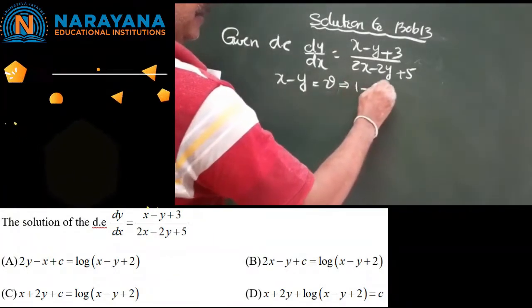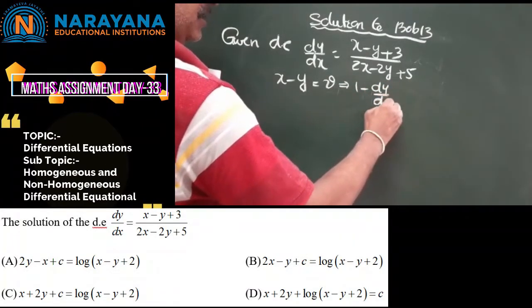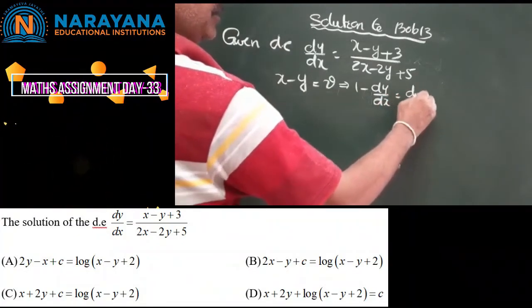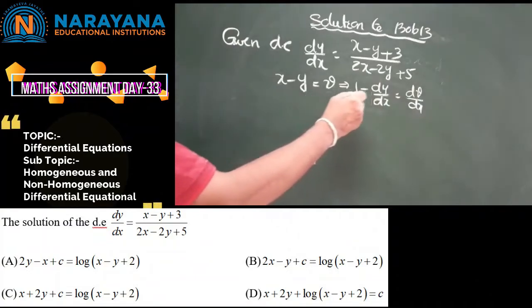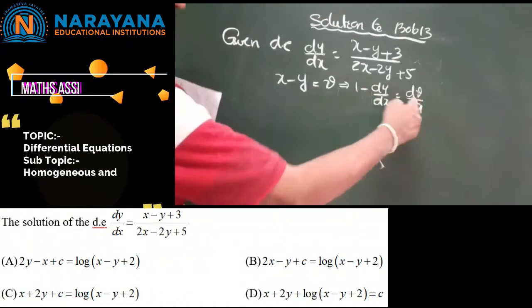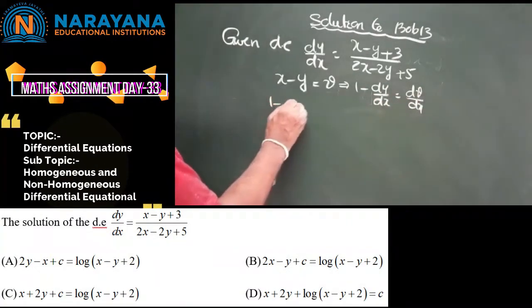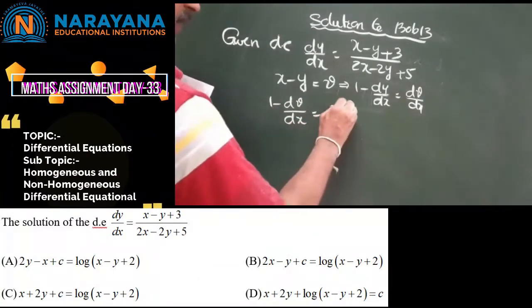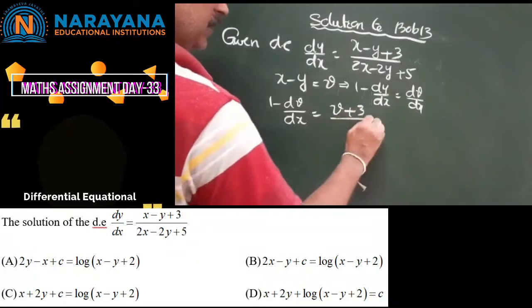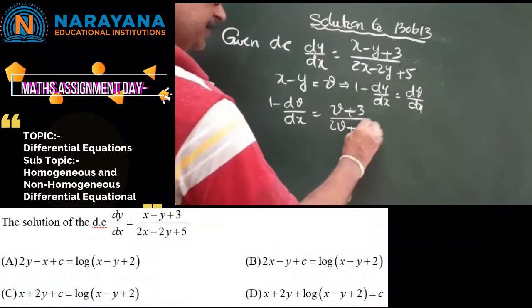From this, 1 minus dy by dx equal to dv by dx. So we can substitute dy by dx as 1 minus dv by dx. So 1 minus dv by dx is equal to (v plus 3) divided by (2v plus 5).